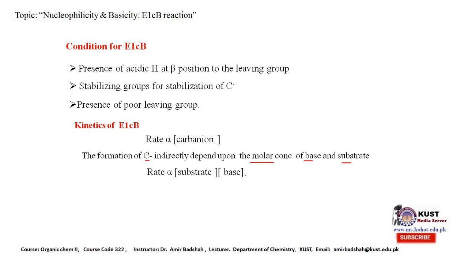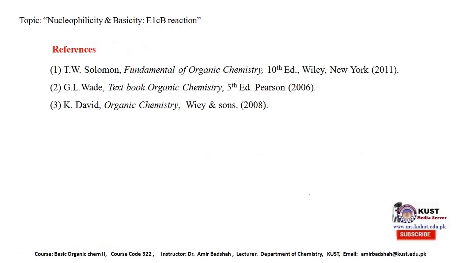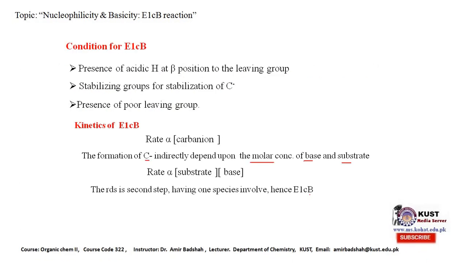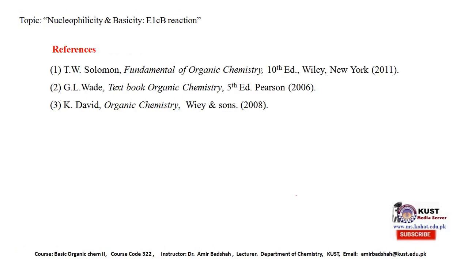So the rate depends on the substrate as well as on the molar concentration of the base. But the rate determination step is the second step, having only one species, the carbanion. So that's why it is called E1, meaning unimolecular conjugate base. So only one species is involved in the rate determination step. So that's why it is called the E1cB mechanism.